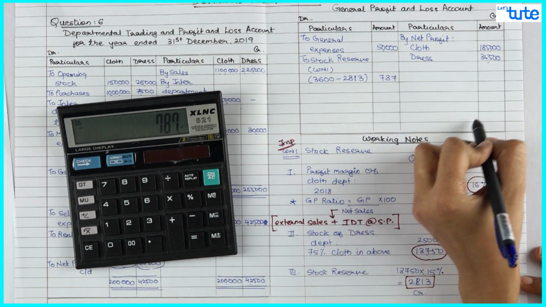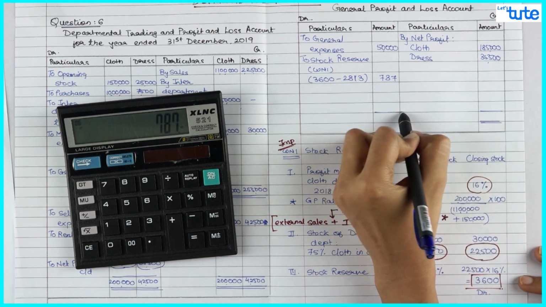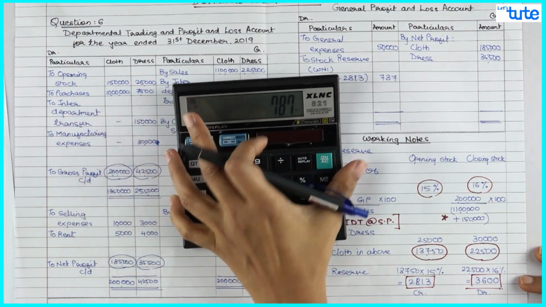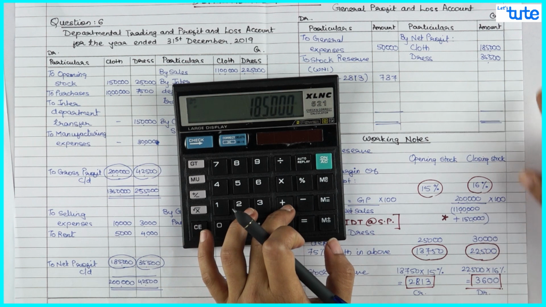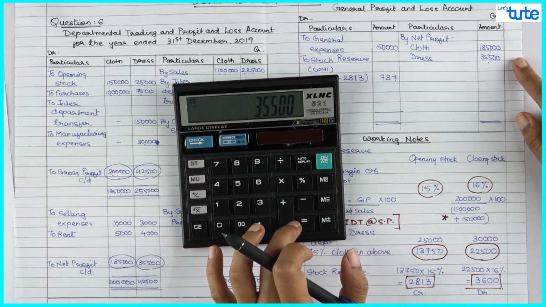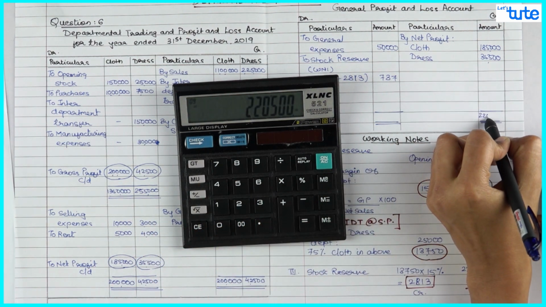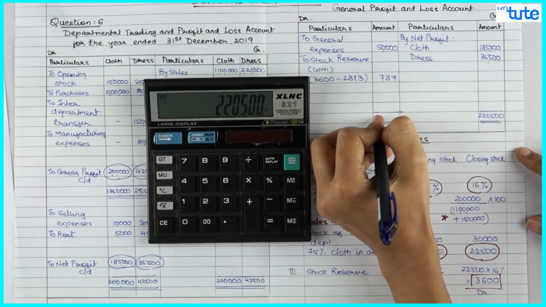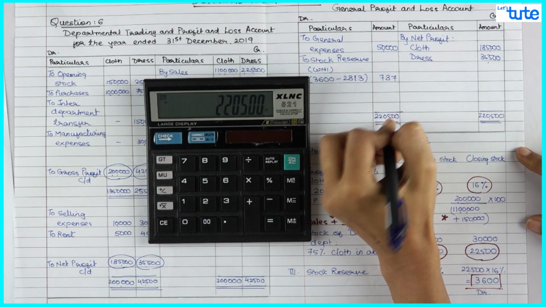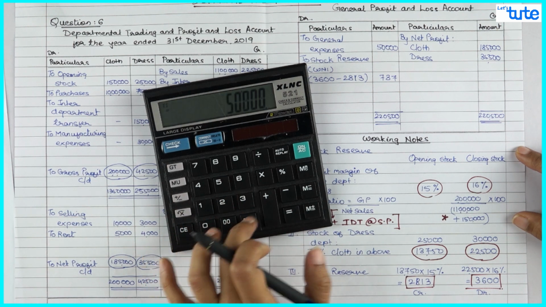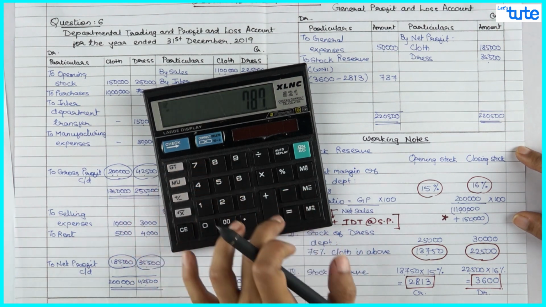And lastly, just total your general P&L account and find out your net profit. So 1,85,000 plus 35,500, that is 2,20,500, 220,500 minus 50,000 minus 787.